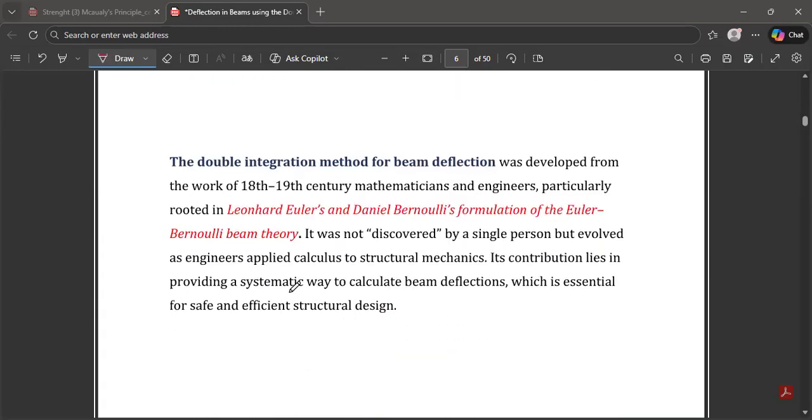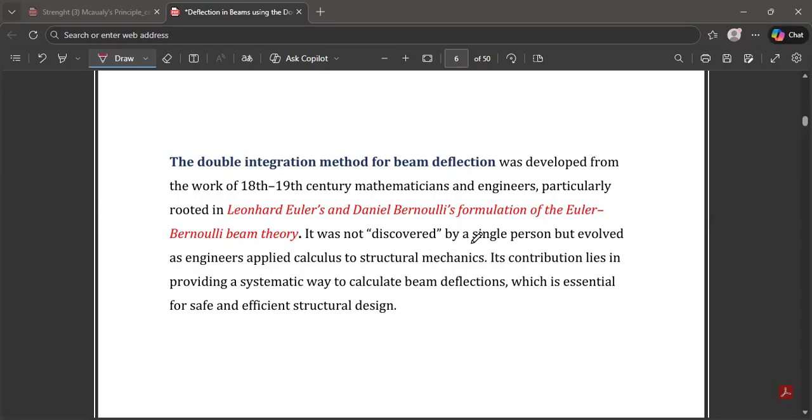Okay, exactly. The double integration method for beam deflection was developed from the work of 18th to 19th century mathematicians and engineers, practically rooted in Leonhard Euler and Daniel Bernoulli's formulation of the Euler-Bernoulli beam theory.